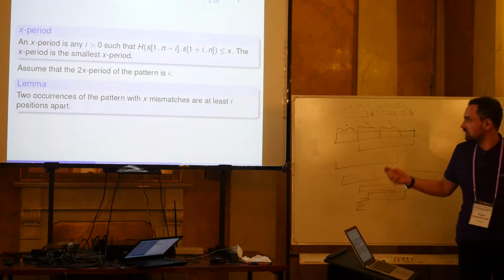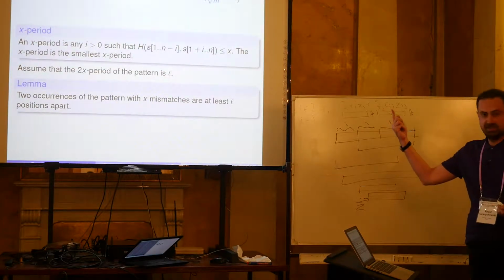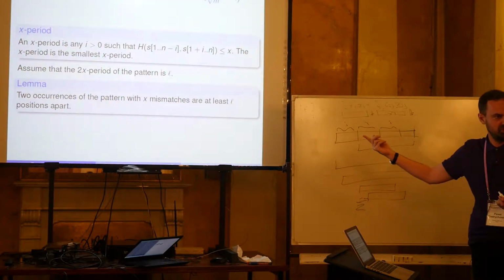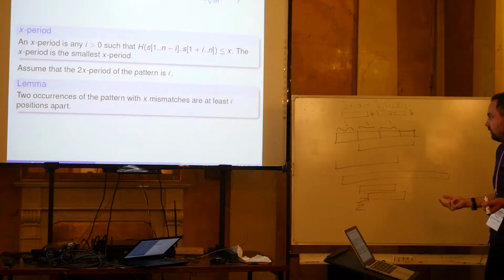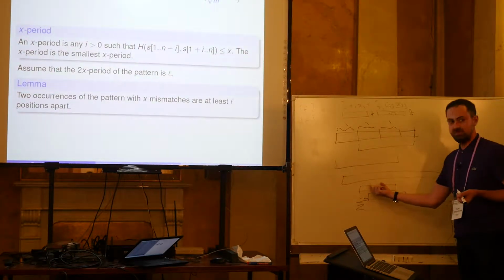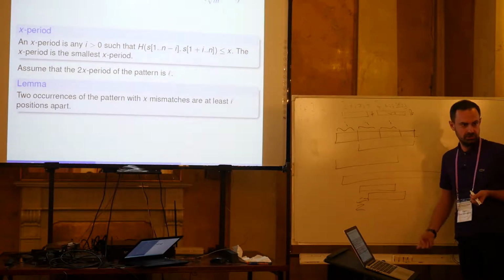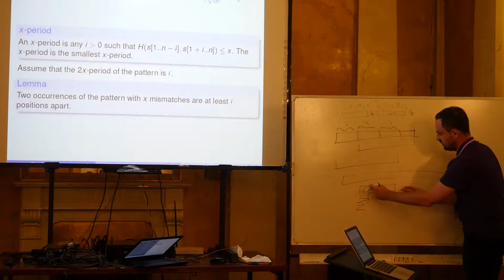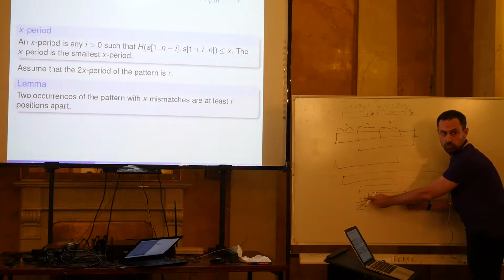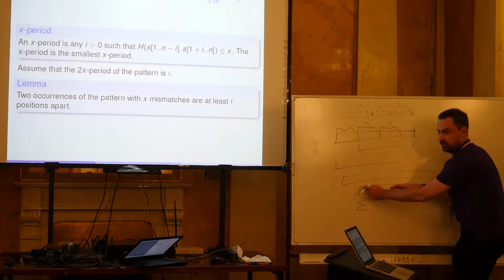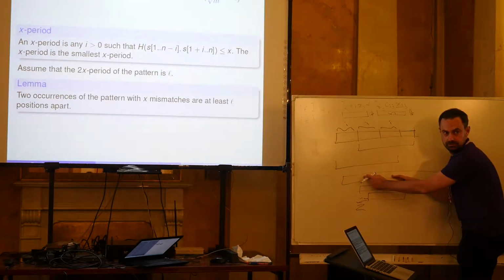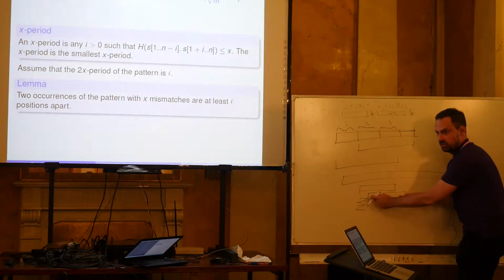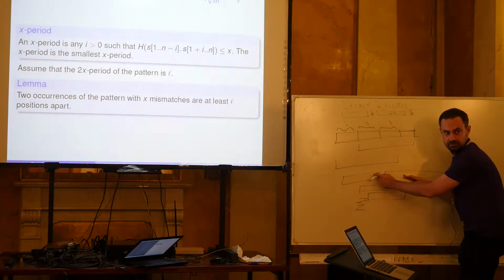But when you think about this notion of x periodicity, it's exactly the same situation. I have two occurrences of the pattern with x mismatches here and there. Now I claim that the Hamming distance between this and that is at most 2x. Why? Because this occurrence has at most x mismatches with the text, and this occurrence also has at most x mismatches with the text.